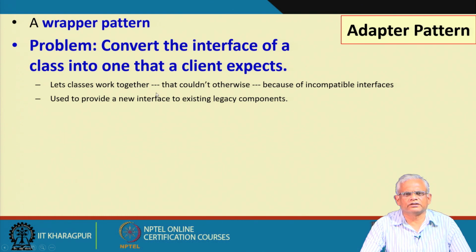Without the adapter, they cannot work. Like you went to USA, did not have an adapter, and you cannot really charge your phone, it gets discharged, and you cannot help it because of the incompatible interfaces.